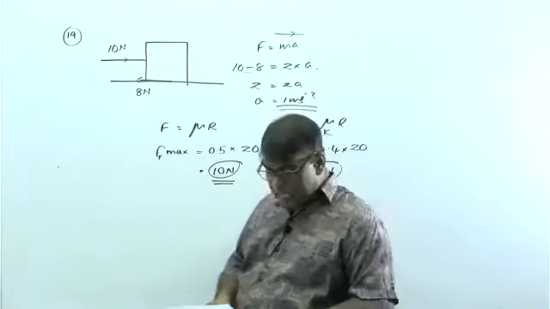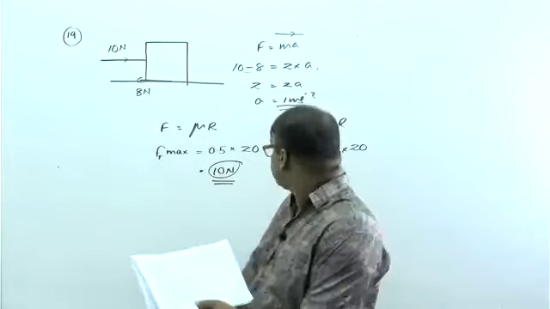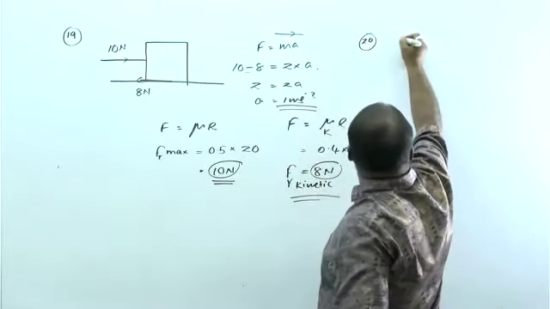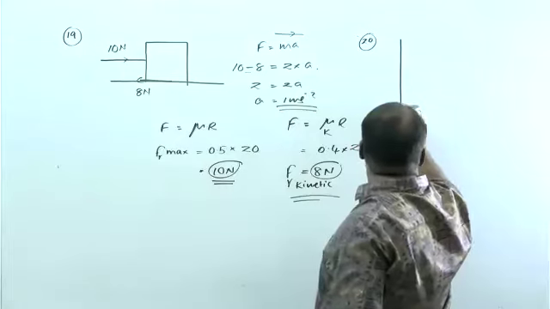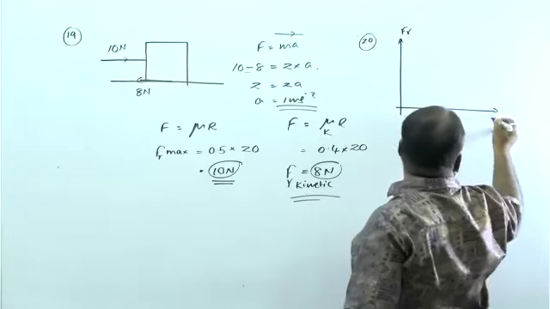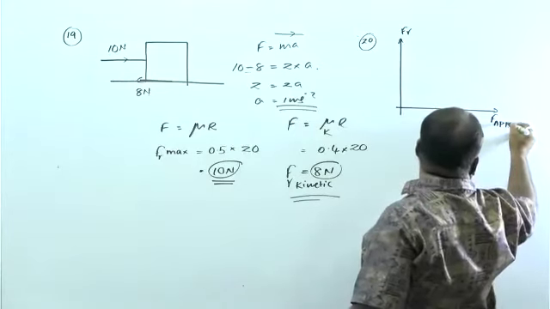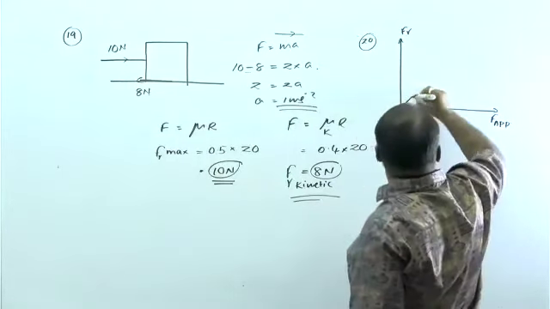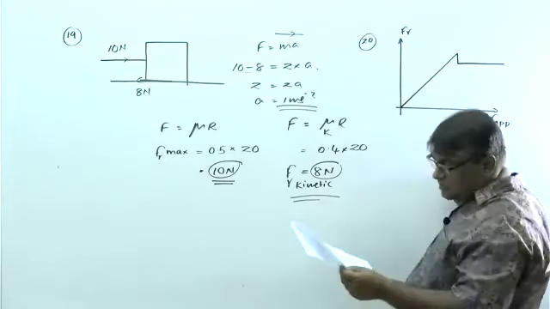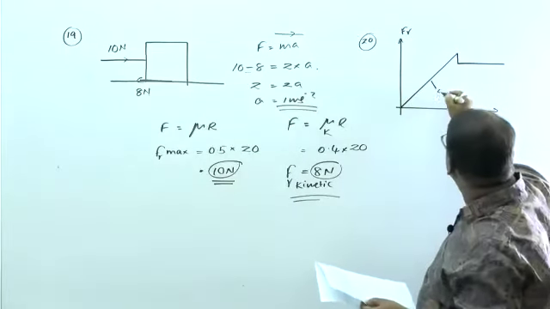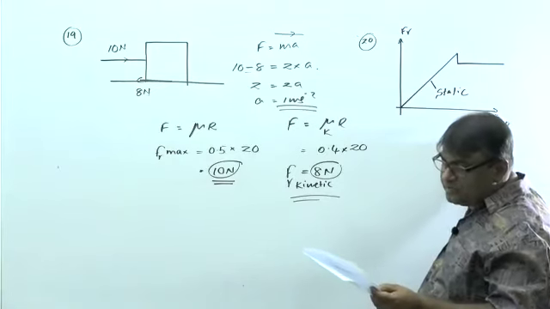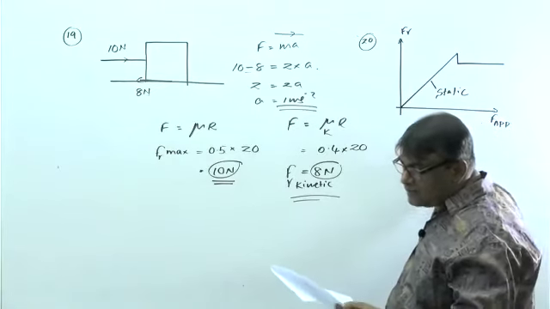Number 20. Okay, can we read now? Static frictional force. It's better to remember this graph here: frictional force against applied force, like this. Static friction is this one, no? This is static. Statement A: static friction always depends on the normal reaction on the object.